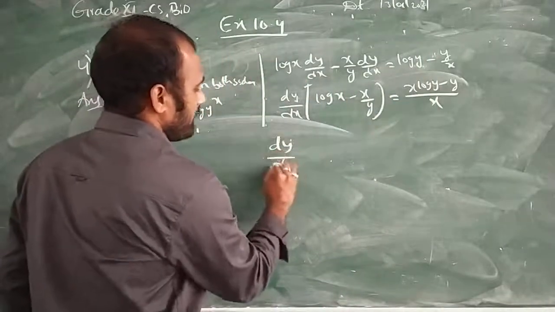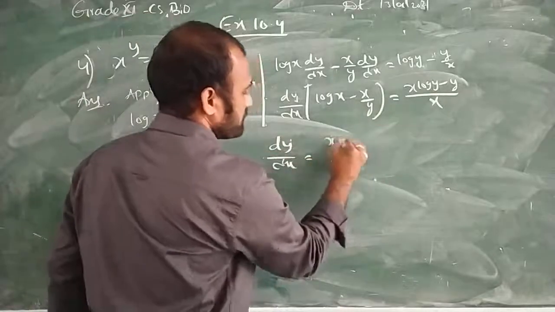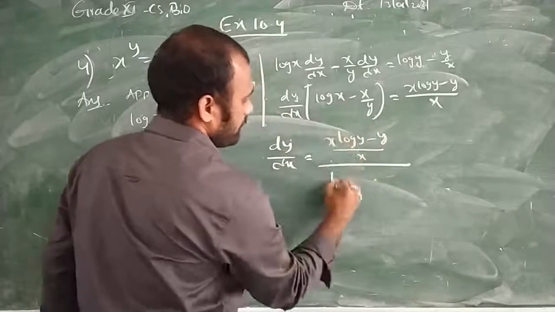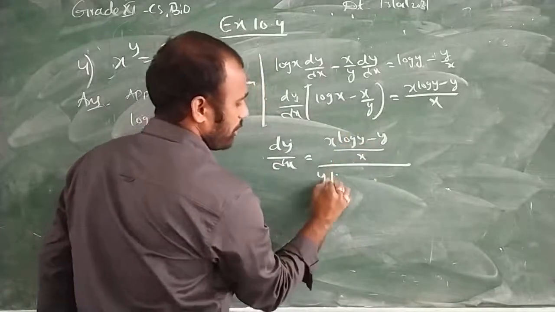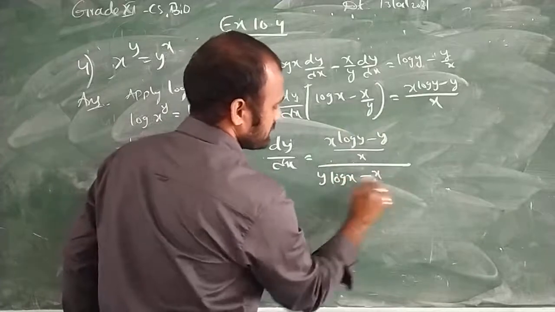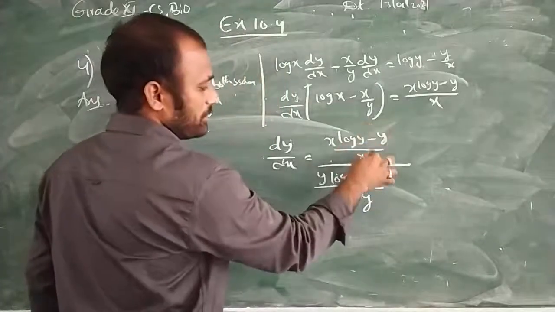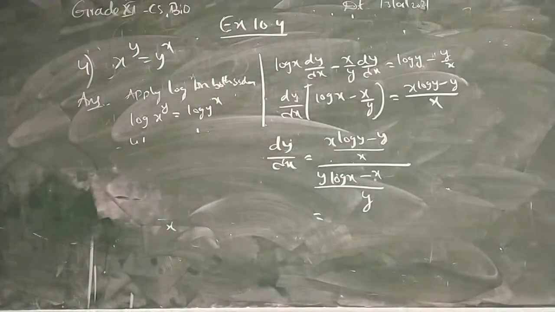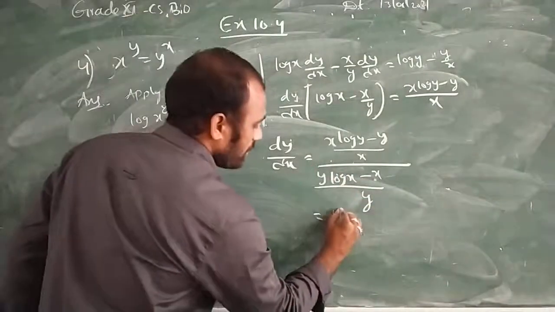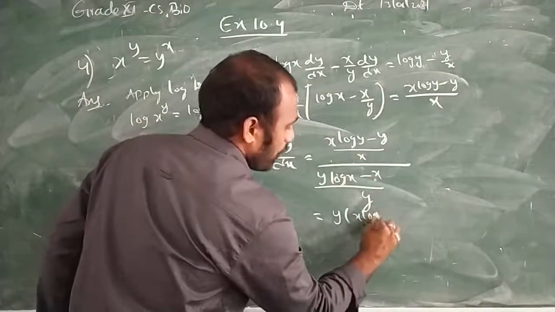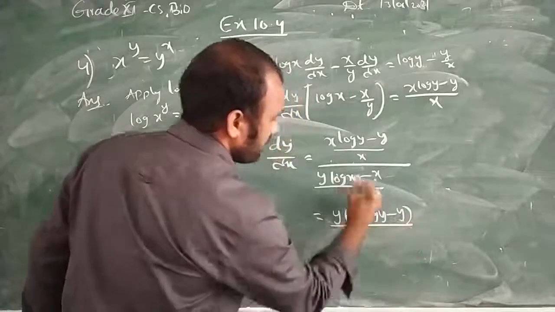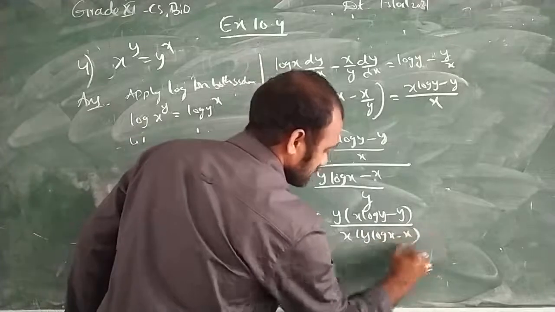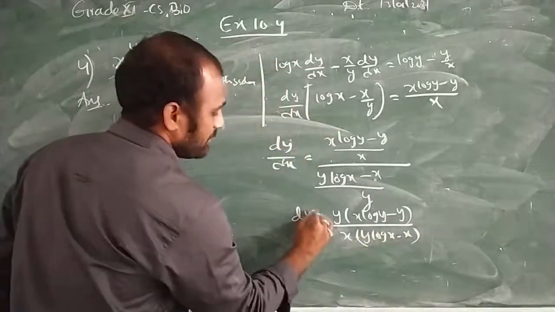So dy by dx is equal to x log y minus y by x, divided by y log x minus x by y. This will be multiplied in the numerator, this will be multiplied in the denominator. So the answer will become y into x log y minus y, divided by x into y log x minus x.